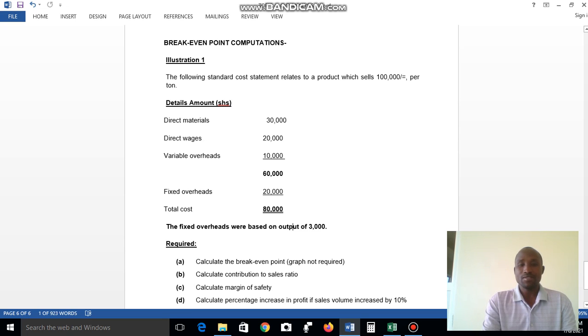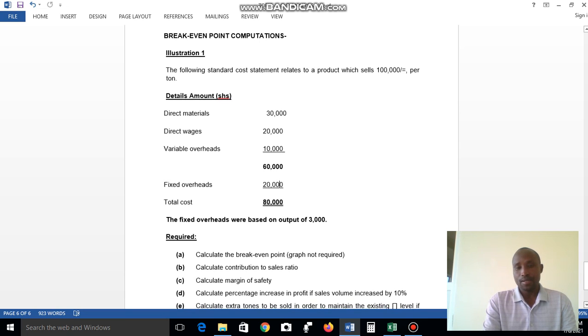To produce 3,000, a manufacturing entity would incur direct materials of 30,000, direct wages of 20,000, variable overheads of 10,000, total variable costs here 60,000. Alongside, the manufacturing entity also incurred fixed costs of 20,000. So total costs is 80,000, 60 plus 20, because we know that total costs are equivalent to fixed costs plus variable costs.